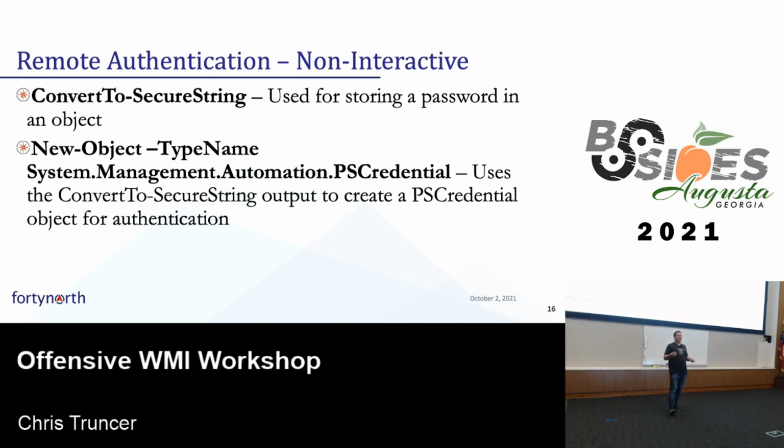It's basically just two extra lines of code, but we're going to use ConvertTo-SecureString, which is the commandlet that's essentially used to store the password that we're using to authenticate with. And then we're creating the actual PS credential object here where we provide the domain, the username, and then the password output from this ConvertTo-SecureString in order to create a PS credential object.